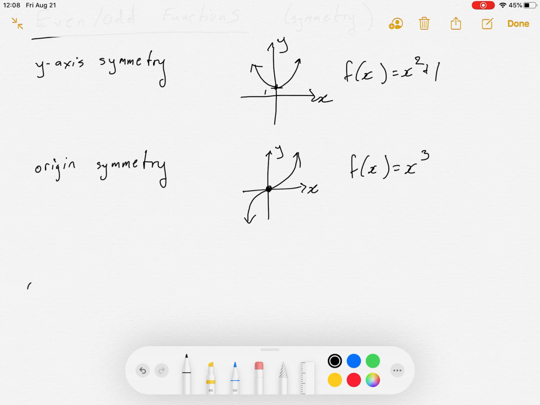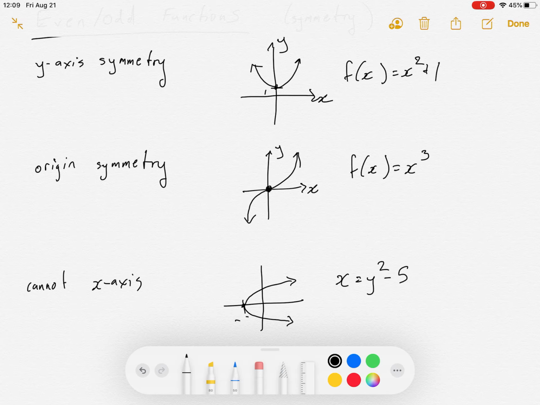Note that we cannot do x-axis symmetry, because if you have a graph that has x-axis symmetry, for example, we've seen this one before, this is not actually a function. So this might be something like y squared minus 5, I believe we had before. This is not actually a function, so therefore this will not be part of the conversation today.